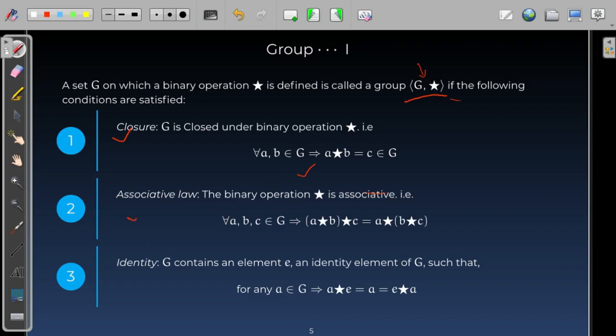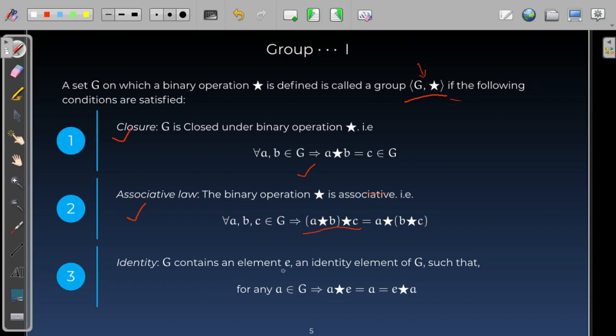Second is the associative law, which basically means that for all A, B, C elements of G, (A star B) star C is equal to A star (B star C). So the order of the operation doesn't really matter. That's what it means by associative law. Now the third one, we have identity.